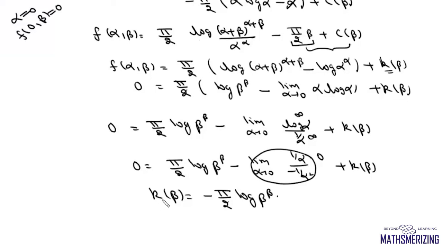So all we need to do is put the value of k(β), and then we'll have our function f(α,β).